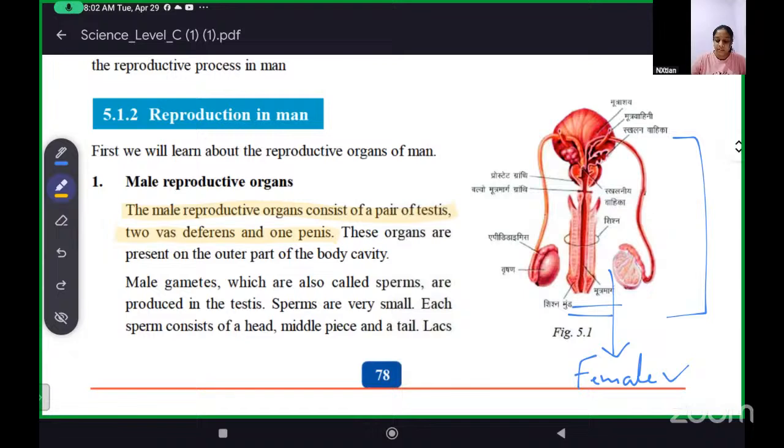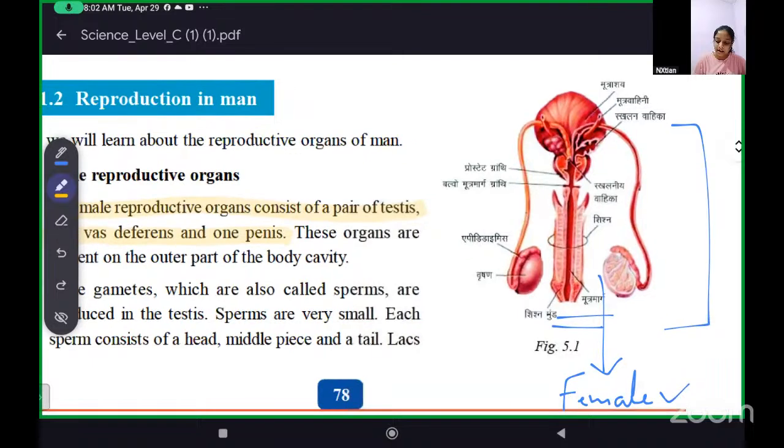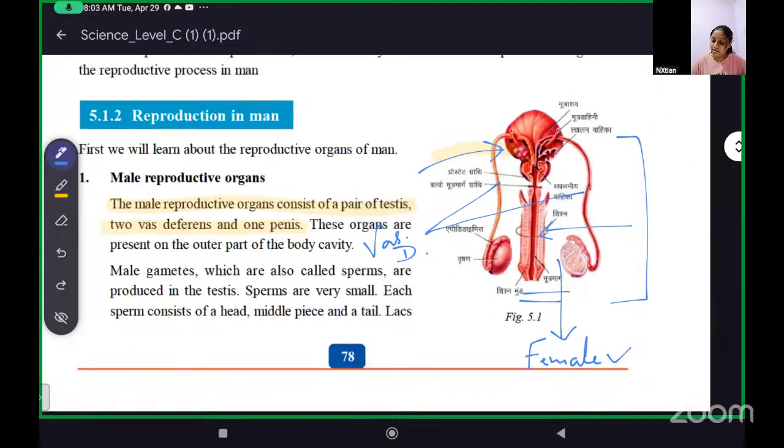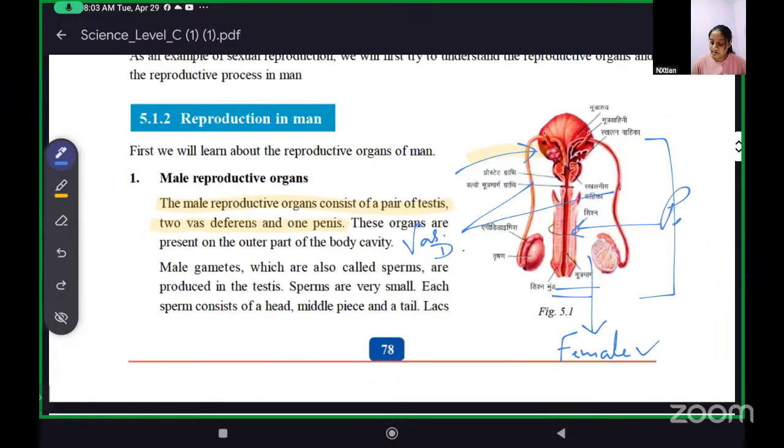Now, about the reproductive organs in a male, we have a pair of testes, two vas deferens, and a penis. This is a pair of testes. These two tubes are known as vas deferens, and this organ is known as the penis, which has two functions.